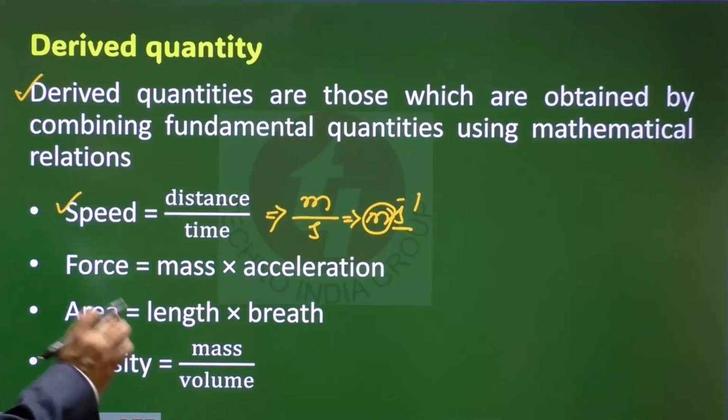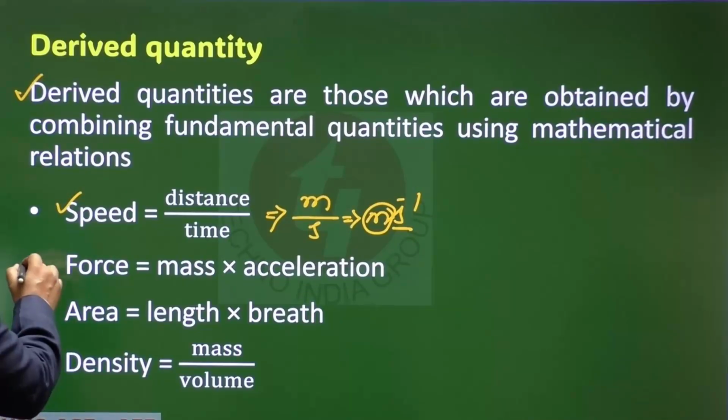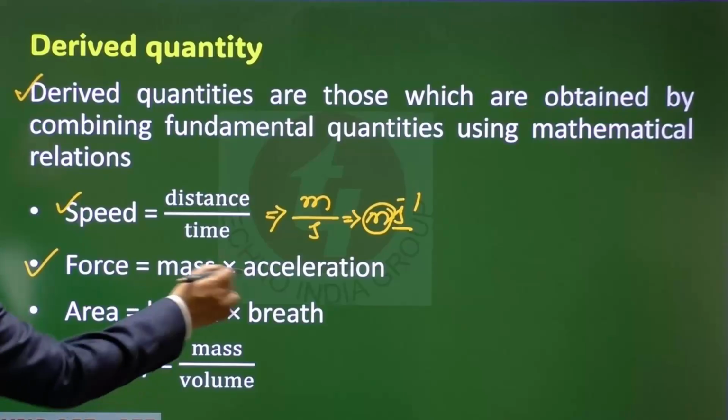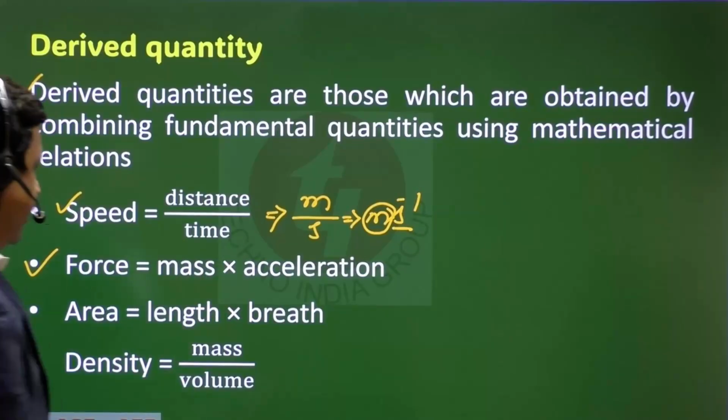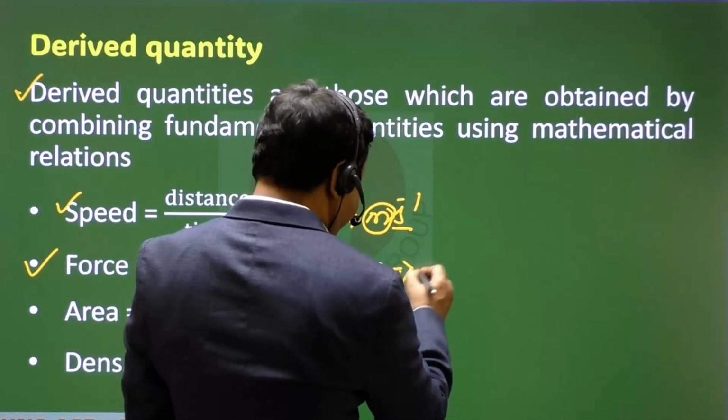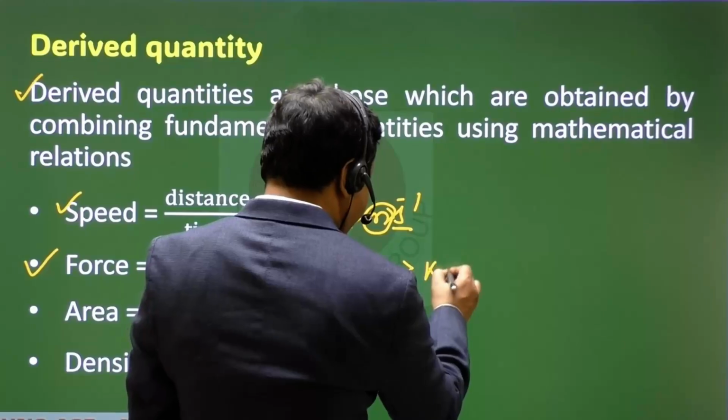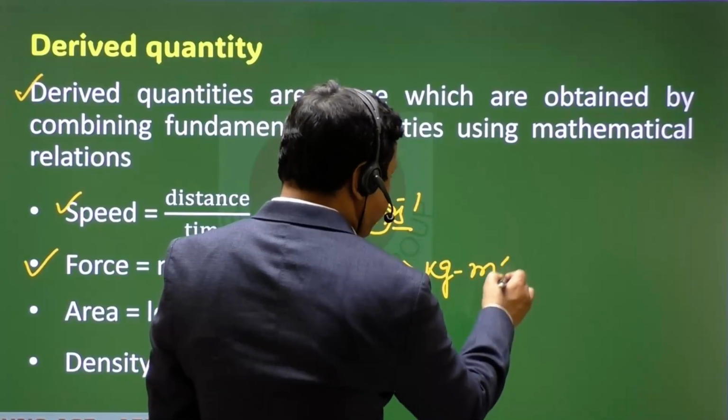So these are derived quantities, because they depend on 2 or more fundamental quantities or derived quantities. Like force, you know that it is mass into acceleration, and the unit is kg for mass and meter per second square for acceleration.